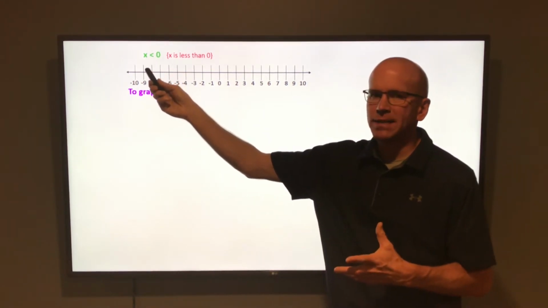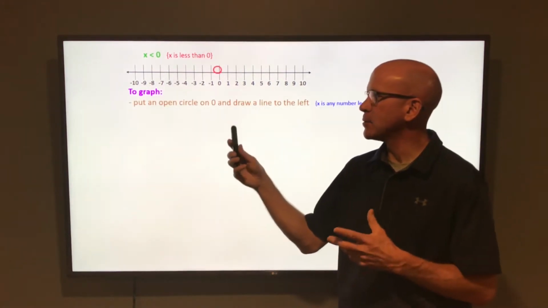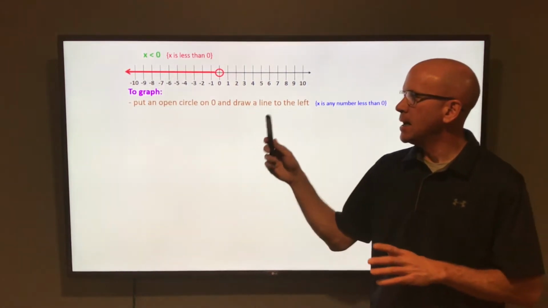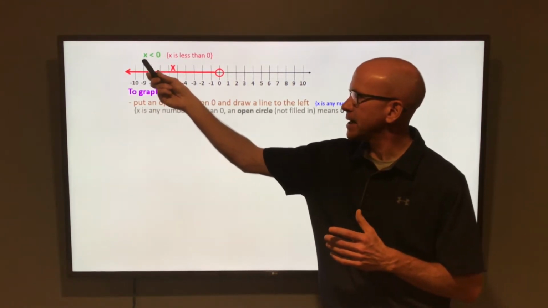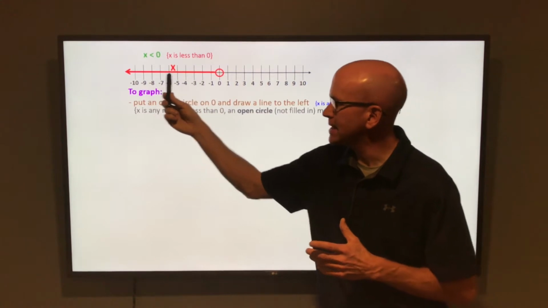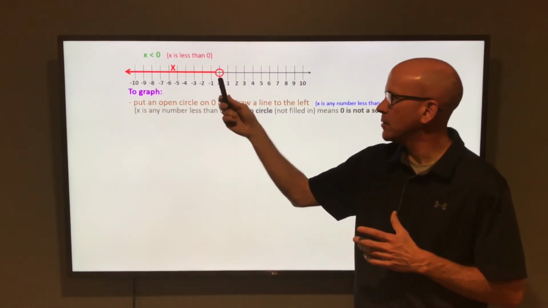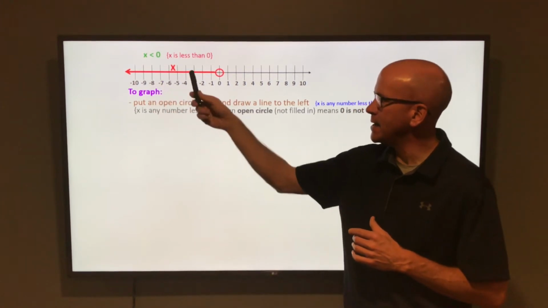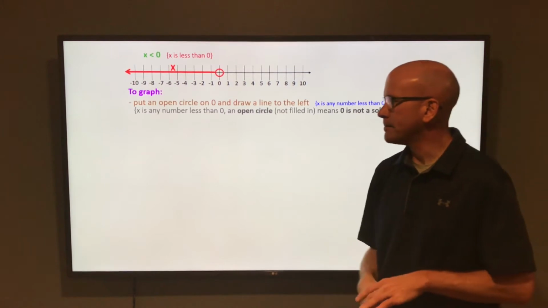Since you just have a less than sign with no equal to sign with it, that means that x does not include 0. And then the arrow to the left or to the right, just do what it says. It says x is less than 0. X is anything to the left of 0. Does not include 0, but it's anything less than 0. So any number on this line could be the value of x in that inequality.